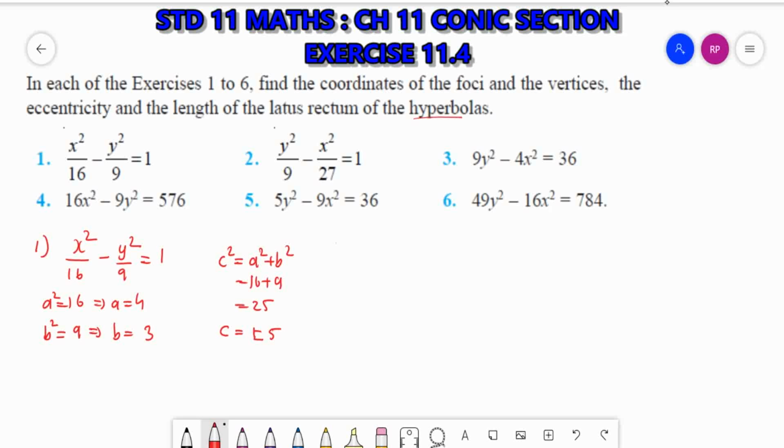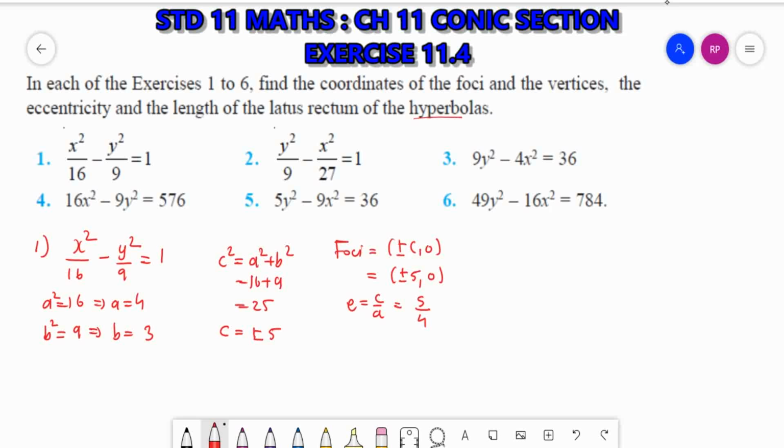Okay, so the foci are plus minus c0. So that will be equal to plus minus 5, 0. Okay. Eccentricity e will be equal to c by a. So that will be equal to 5 by 4.